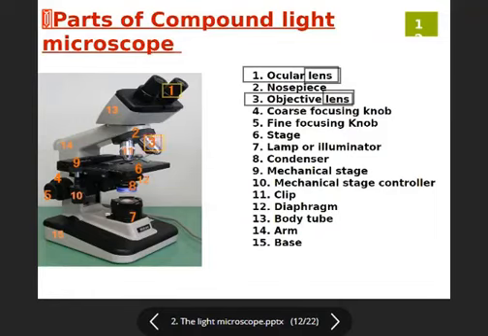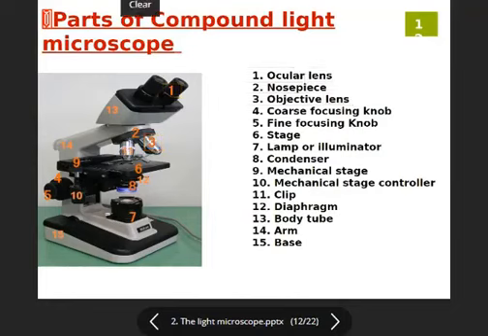What is the function of these? The function is magnification, zoom. The only difference is that the ocular lens has only one power, 10. The objective lens has 4. In this picture, you are seeing two lenses. Behind this, there are two more. So there are a total of 4 objective lenses.